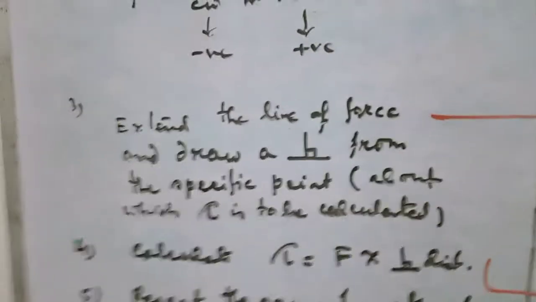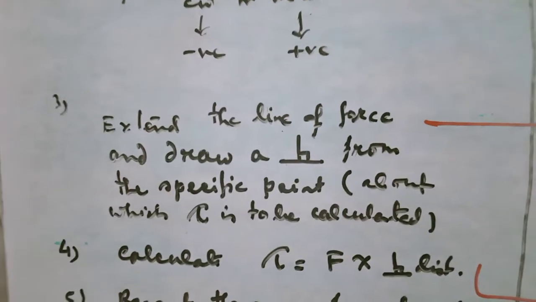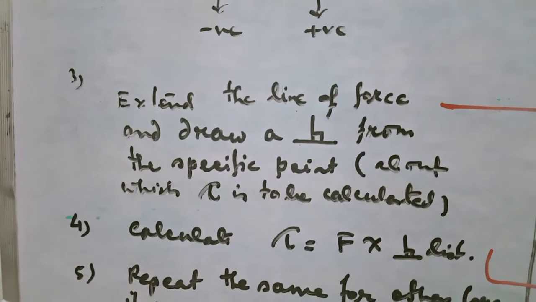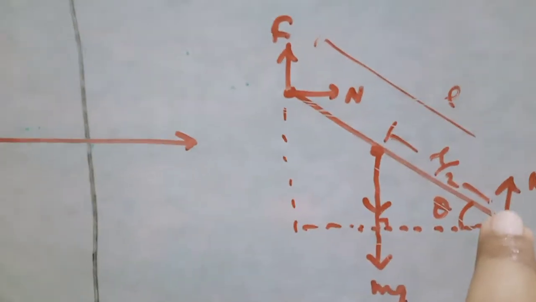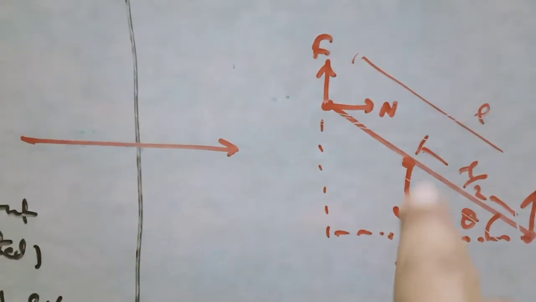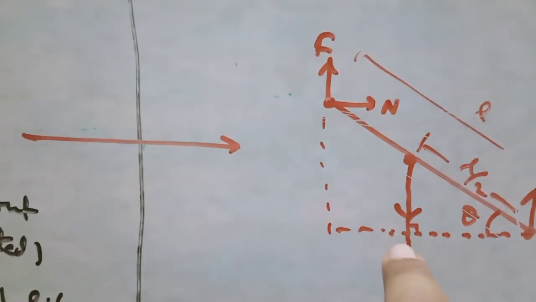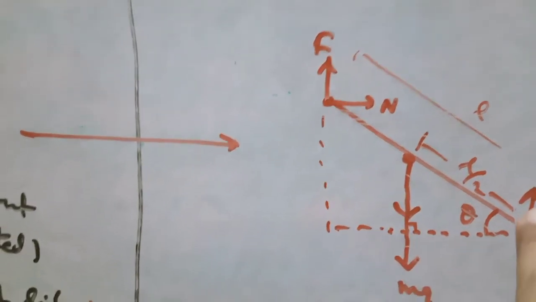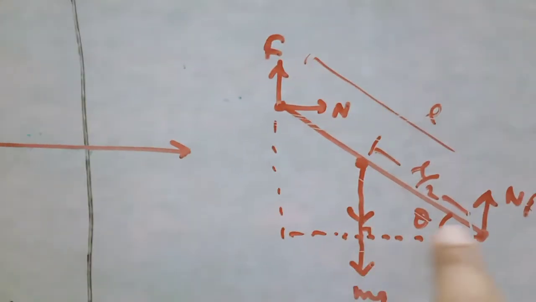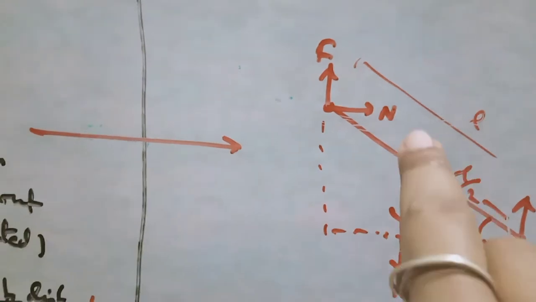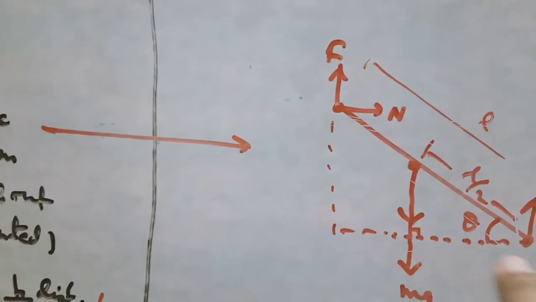You have to draw the perpendicular from the specific point about which tau is to be calculated, to the line of action of the force. So if this is theta and this is L by 2, the distance is L by 2 sine theta.